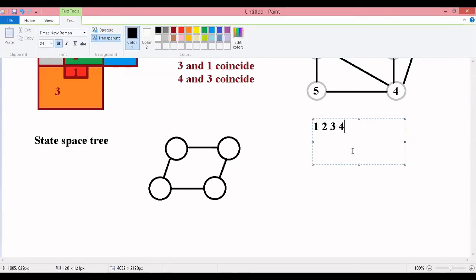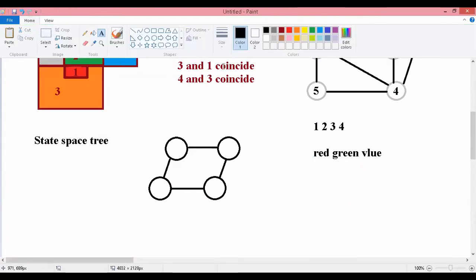And the colors given are red, green, and blue. This is actually a question they'll ask in the exam. They have given this graph. This is a standard question which they will ask in the exam. 3 colors are given, 4 nodes are given. For this particular graph, I will teach you how using red, green, and blue, the graph coloring is possible.